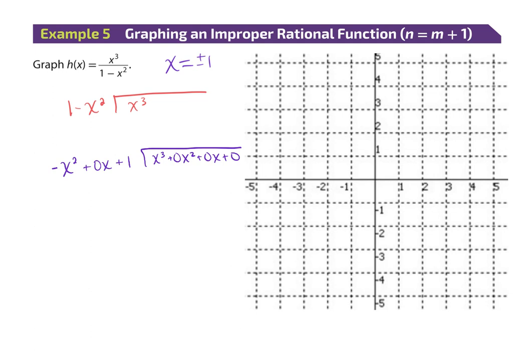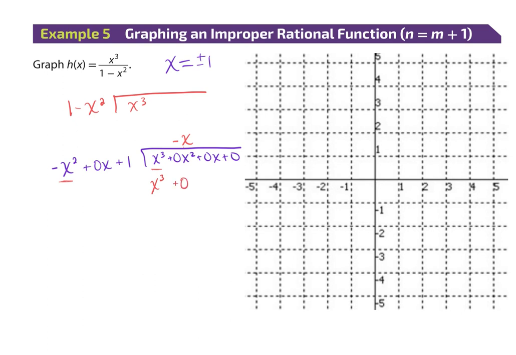So I'm going to look at this -x squared and say, what do I have to multiply it by to get positive x cubed? Well, I have to multiply by -x, and so that's what I'm going to do. -x times -x squared is going to give me that x cubed. -x times 0 is just going to give me my 0.